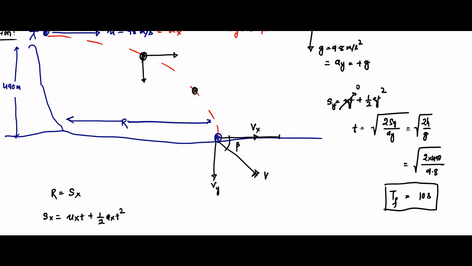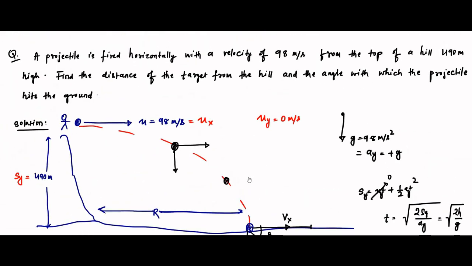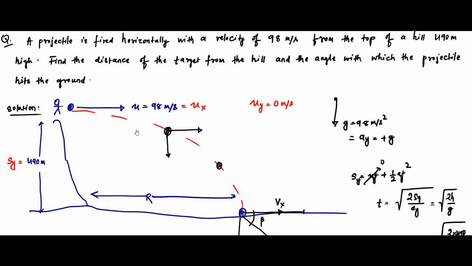Here, like in all our discussions related to projectile motion, I have always pointed this out, that for the horizontal part of the projectile motion there is no accelerating or decelerating force. There is nothing to support the horizontal motion or oppose the horizontal motion. That's why the horizontal velocity of the projectile during the entire course of the motion is always constant, because ax is equal to 0 meter per second square.